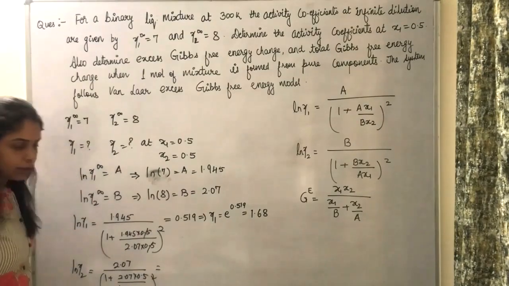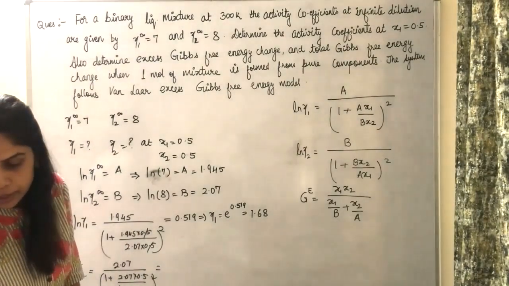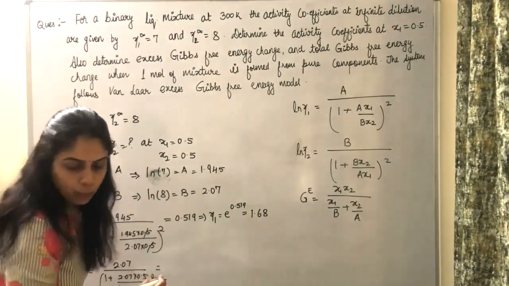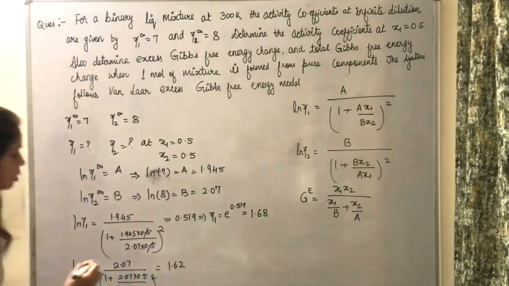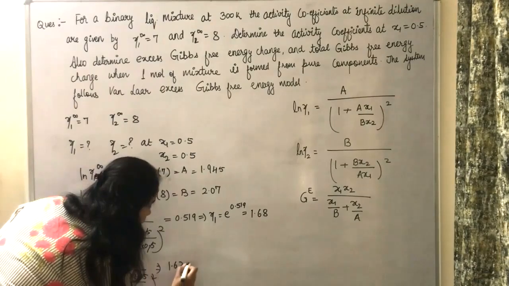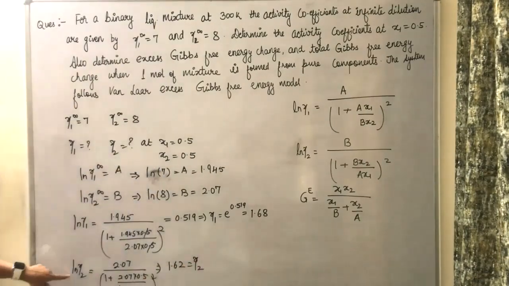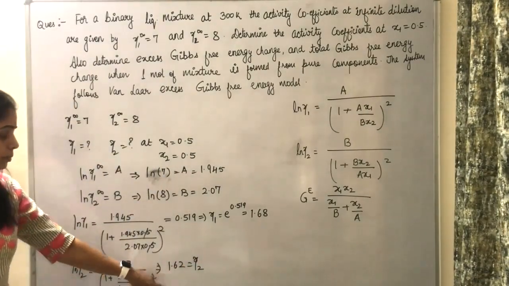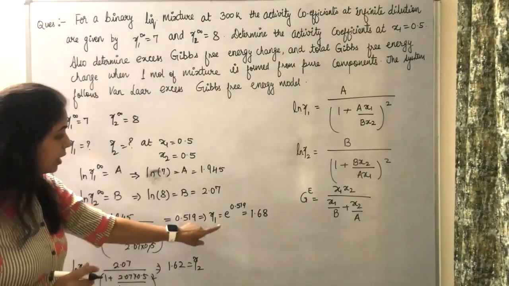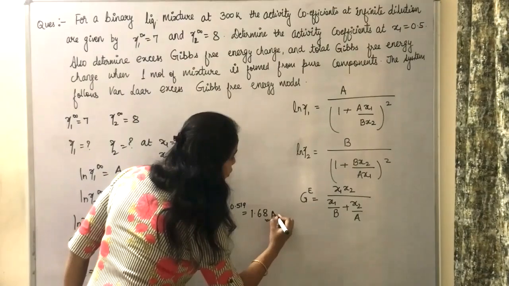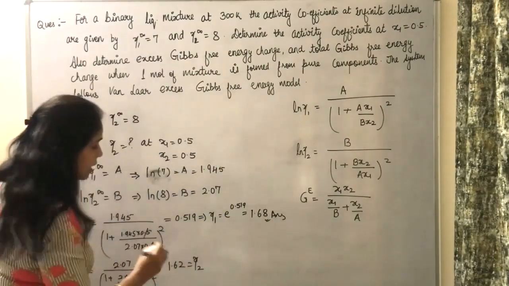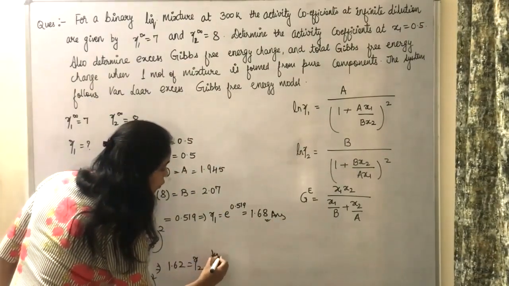Similarly, you can find the value of gamma 2, and it is 1.62. This is the value of gamma 2, not ln gamma 2. This is the final value of gamma 2. So gamma 1 is 1.68. This is your first answer, the activity coefficient for component 1, and this is your second answer, the activity coefficient for component 2.